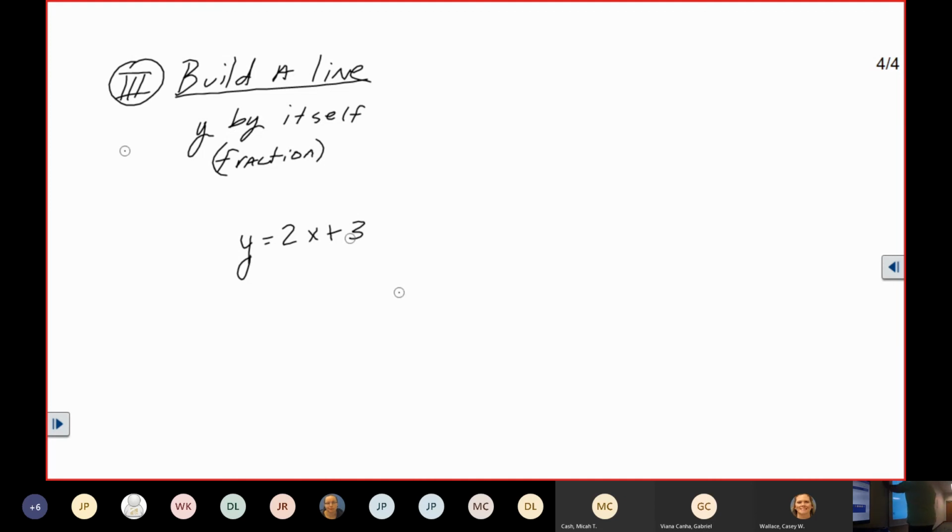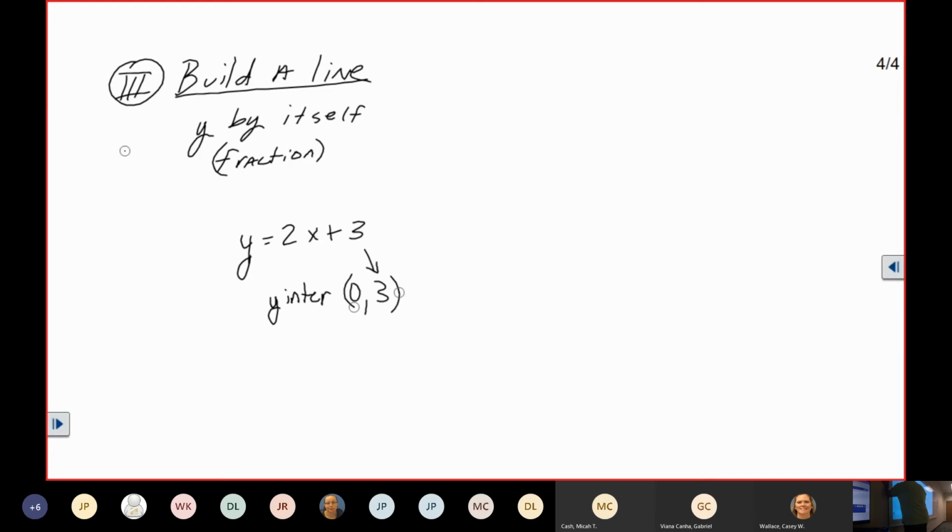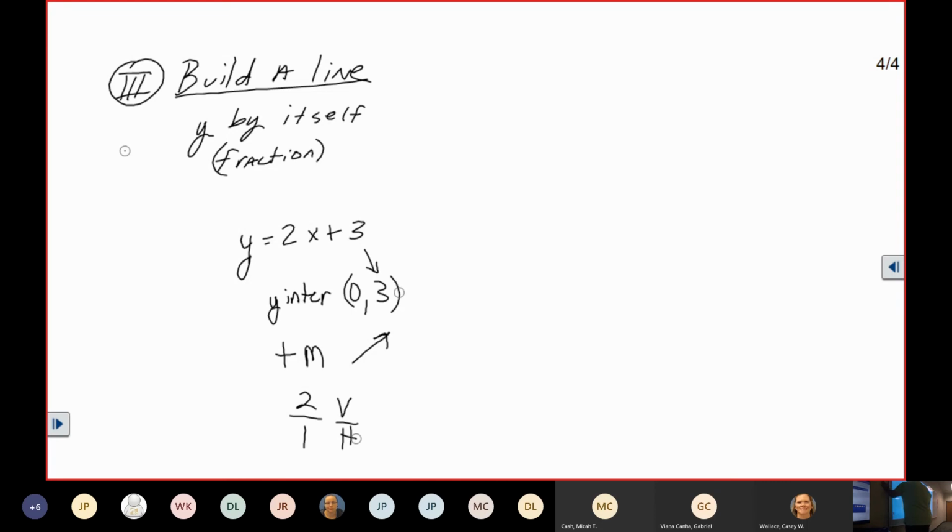Extract your info. My y-intercept is 0, 3. My slope of my line, my slope is positive m, so that means left to right, up. And then 2 over 1 is my vertical over my horizontal.